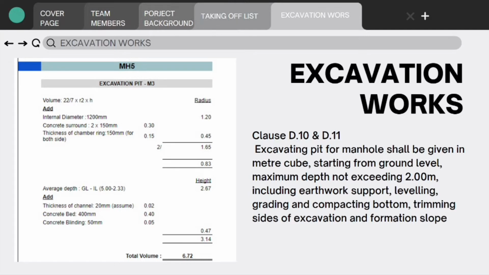Depth of excavation shall, unless otherwise required by this document, be classified as follows: maximum depth not exceeding 0.25 meter, not exceeding 1 meter, not exceeding 2 meter, and not exceeding 4 meter, and therefore in 2 meter stages. D11, starting level. The starting level shall be the ground level, reduced level, formation level, or other such levels from which excavation shall commence, and the appropriate level shall be so stated and described.